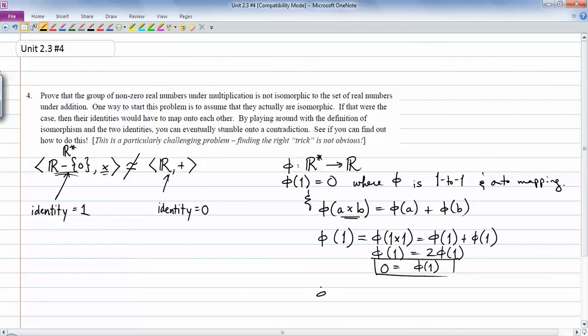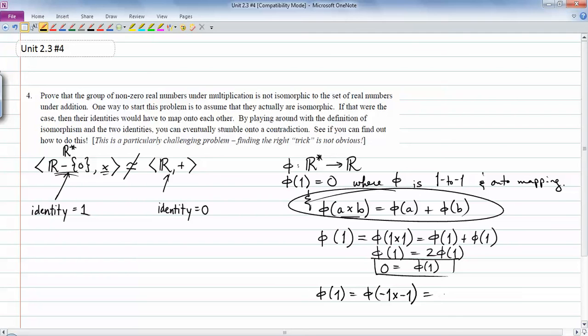Well, I also know phi of 1 could be written as phi of negative 1 times negative 1. And if I use this rule up here that has to be true for isomorphisms, then that's phi of negative 1 plus phi of negative 1. So this right here, phi of 1, equals 2 times phi of negative 1.